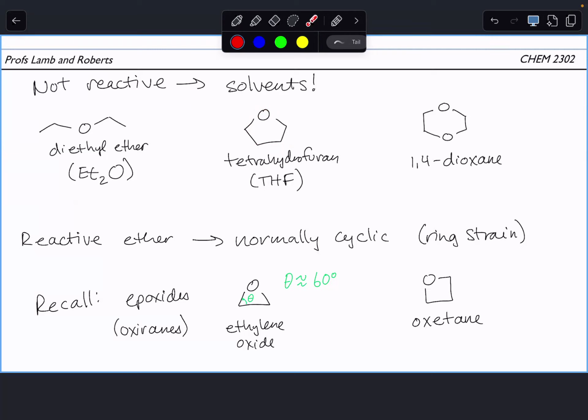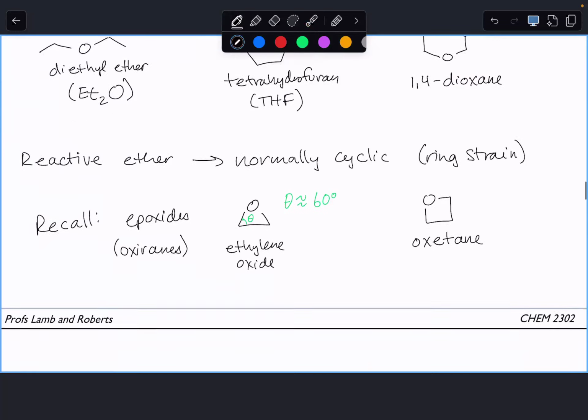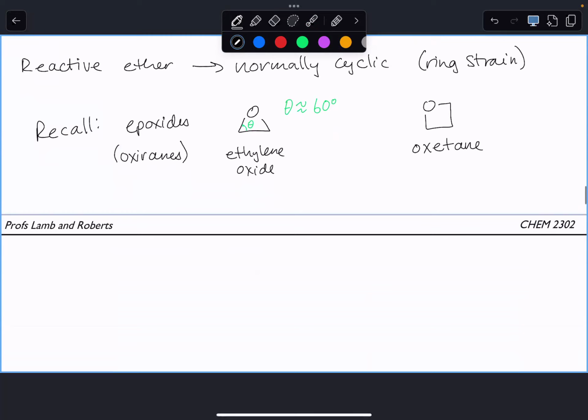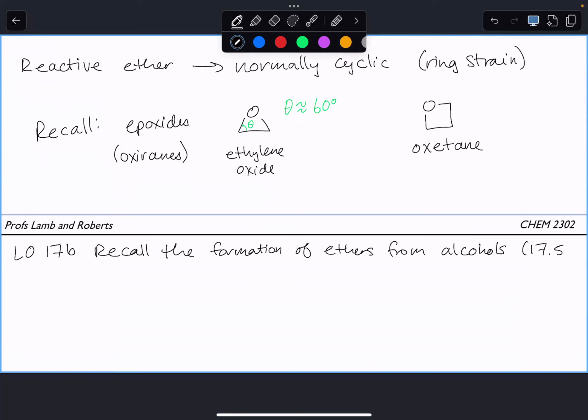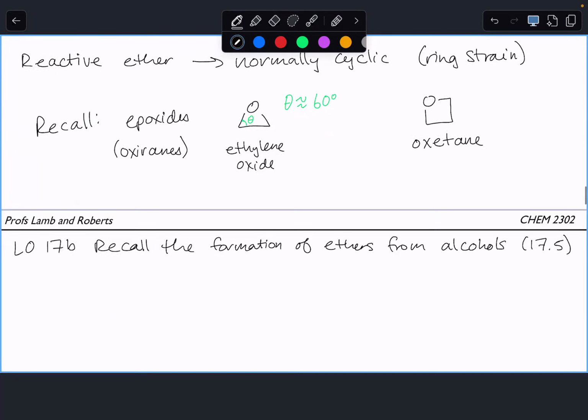Okay, so let's recall some reactions that we know to make ethers. So this is our learning objective 17B. Recall the formation of ethers from alcohols, which is 17.5. So there are kind of 2 major reactions that we're going to review here.